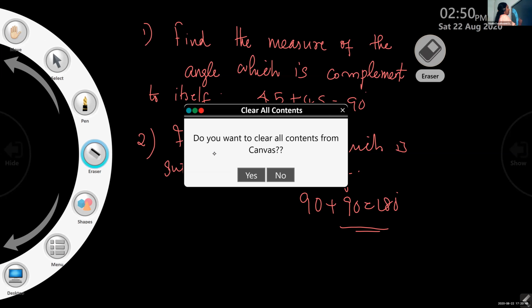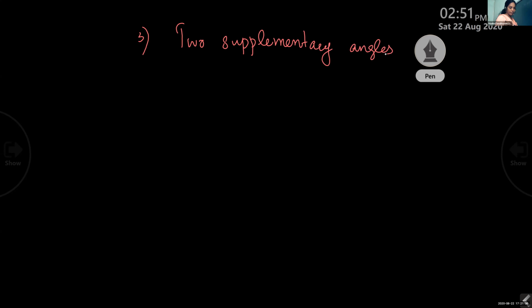The third question is: two supplementary angles differ by 34 degrees. Differ by means the difference.